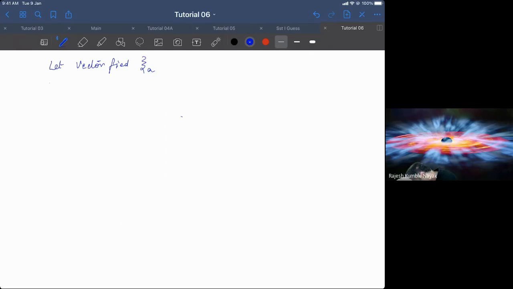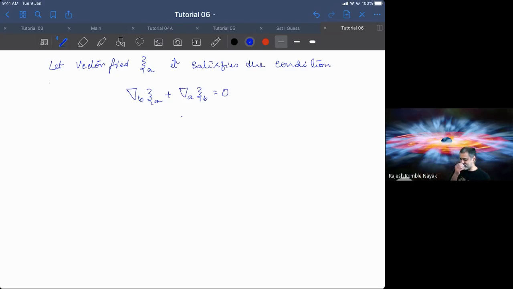Then it satisfies the condition del b xi a plus del a xi b is equal to 0. What does it mean? It means that you are taking the covariant differentiation of that vector, symmetrizing it and setting it to 0. That means that the covariant differentiation of a given vector is completely anti-symmetric.